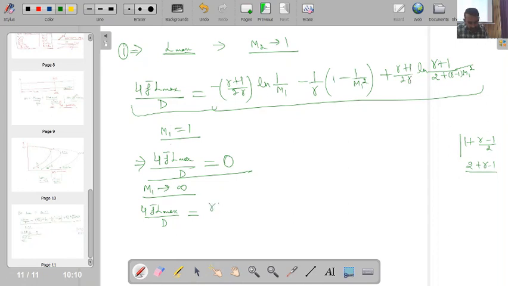So I can write this as gamma plus 1 by 2 gamma times ln of, if this is say m, ln of gamma plus 1 divided by 2 plus gamma minus 1, and we have to do m by n. This is my n, so n is nothing but 1 by M1 square, and minus of 1 by gamma into 1 minus.